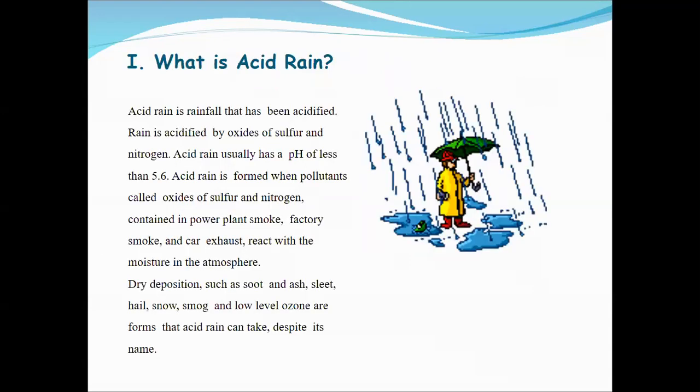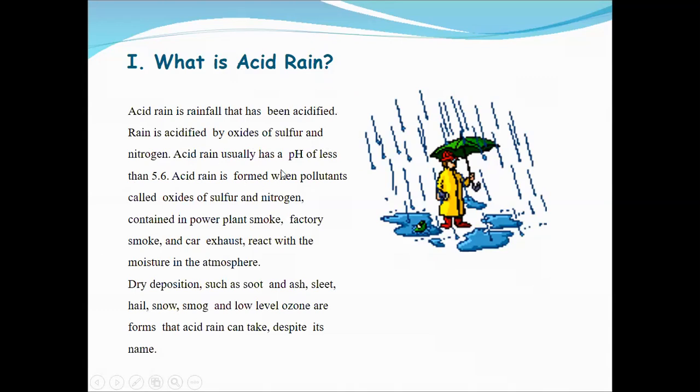So first, what is acid rain actually? Acid rain is rainfall that has been acidified. Rain is acidified by oxides of sulfur and nitrogen.